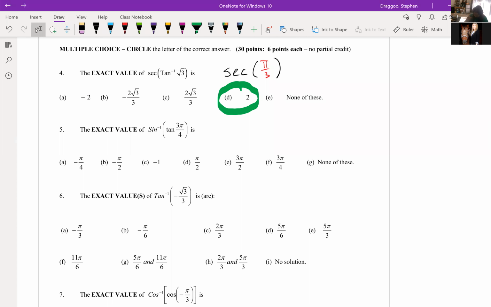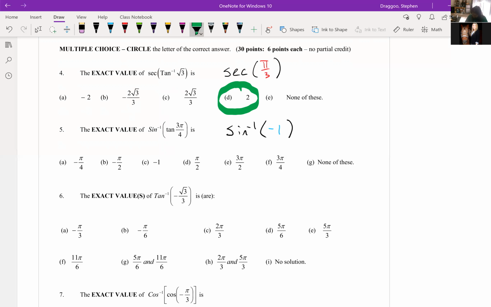Then we want the exact value of the sine inverse of the tangent of 3 pi over 4, which means I need the sine inverse of -1, since the tangent of 3 pi over 4 is -1.